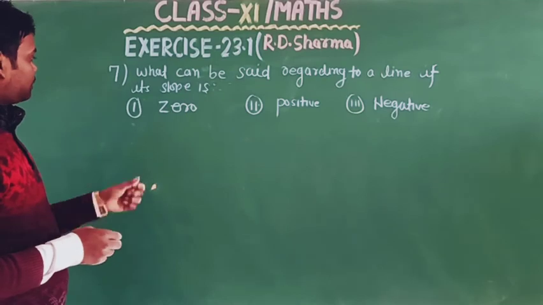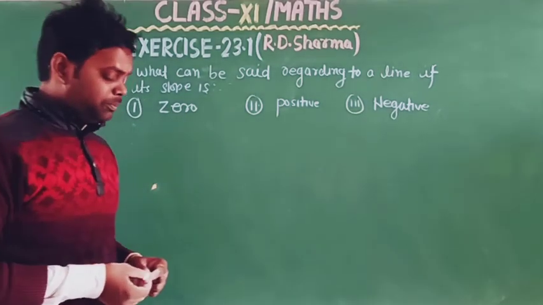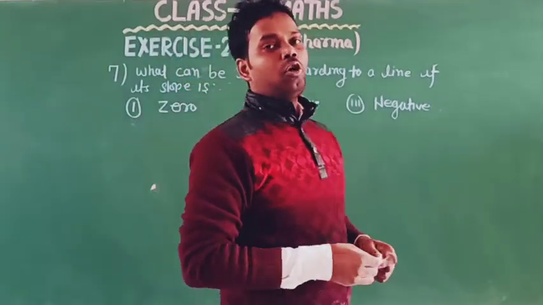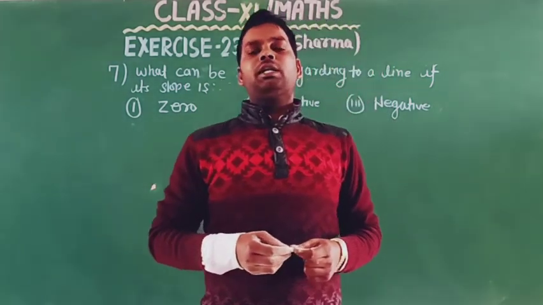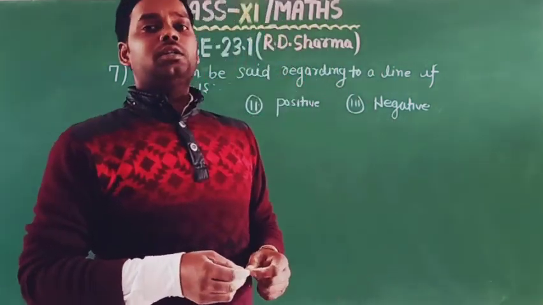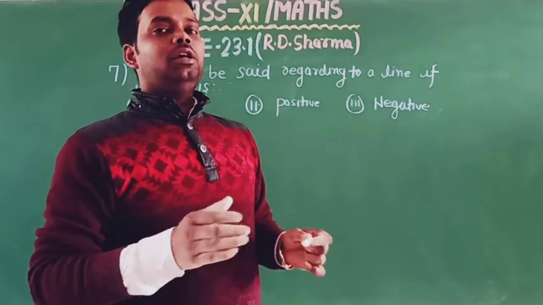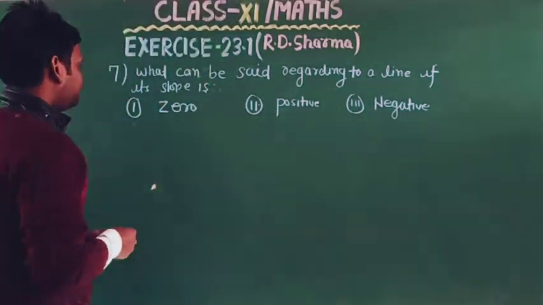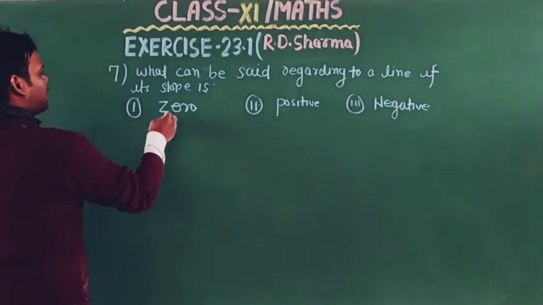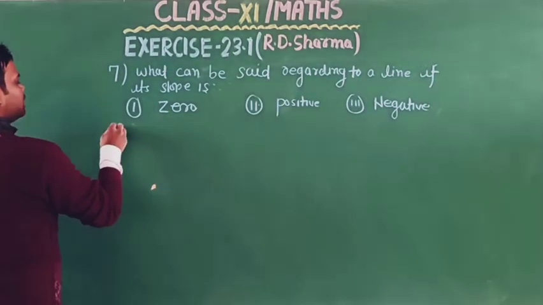Any line whose slope is 0, we can say the line is either on the x-axis or parallel to the x-axis.